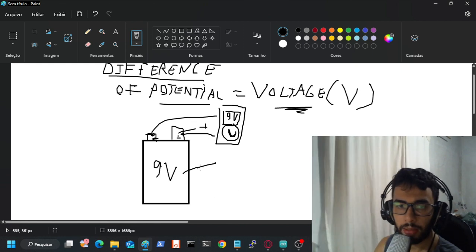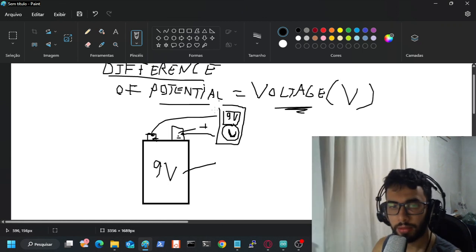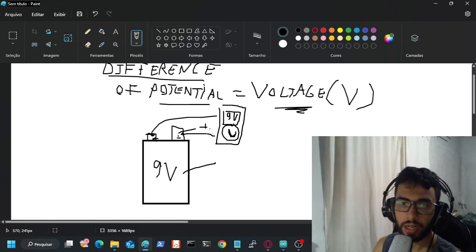But when you are using this battery, of course it will discharge.